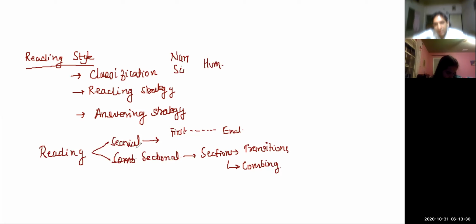So in serial reading, you read the whole passage first from the beginning till the end and then you answer questions. You don't answer questions unless you have read the whole passage.